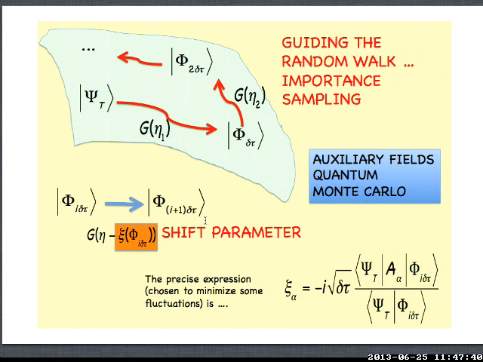His first point is that it shifts the auxiliary field so that at each time the auxiliary field is not completely independent of the past, but it starts from a configuration. It's like a drift.